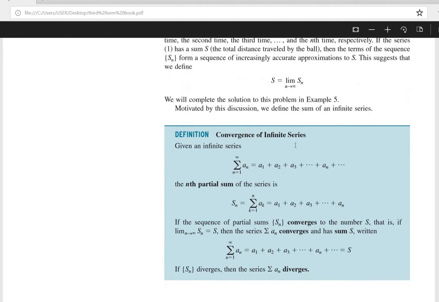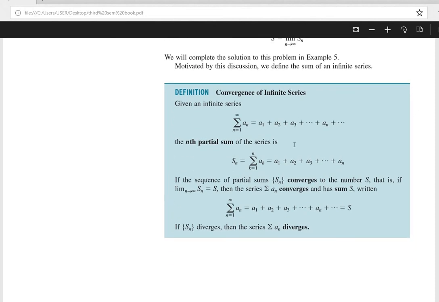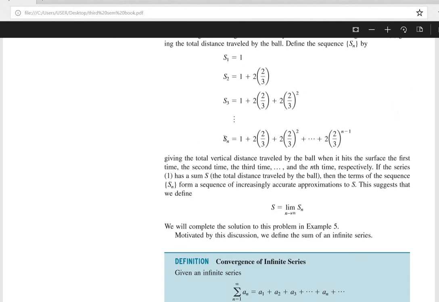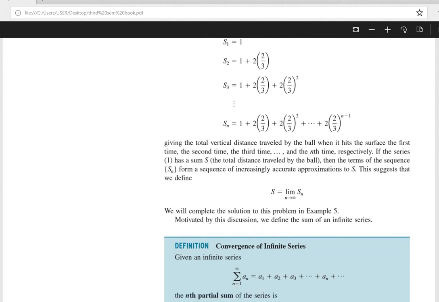The convergence of infinite series. How do you define the convergence of an infinite series? Consider the infinite series sigma n equal to 1 to infinity an, that means adding an infinite number of terms: a1 plus a2 plus etc. plus an plus etc. The nth partial sum, that is Sn, is the sum of the first n terms.